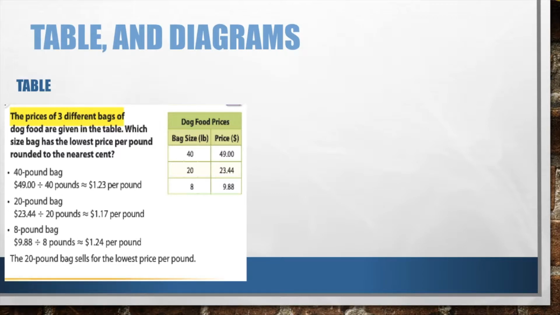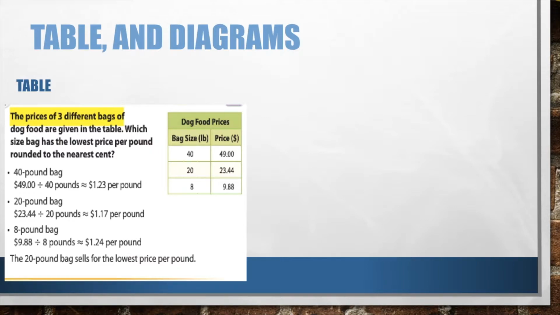The table gives us 3 different sizes, 40, 20, and 8-pound bags, and the total cost of each bag size. So all you'd be doing there is trying to find out the unit rate of each bag. If you look at how they did it here, they took the price and divided it by the bag size. The price per pound is what they're trying to find.